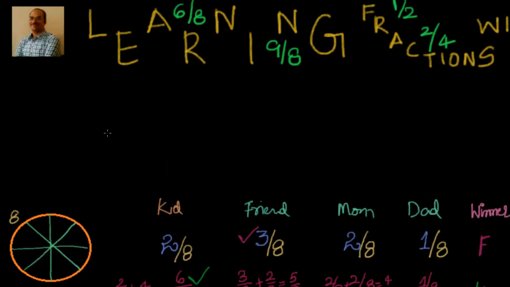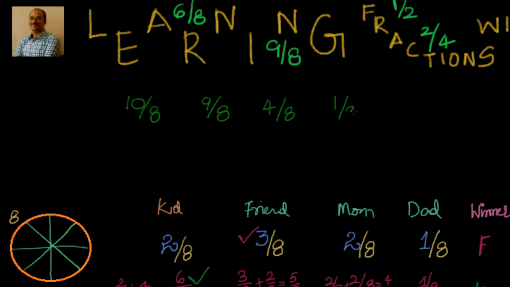Now, if you remember, after the last round, we have seen the share of my kid is 10 by 8. His friend is 9 by 8. Mom is 4 by 8.